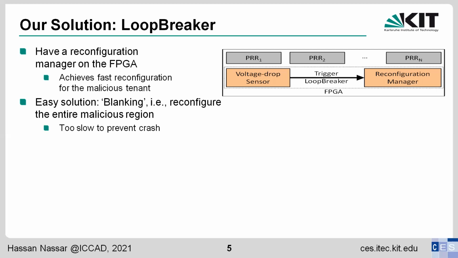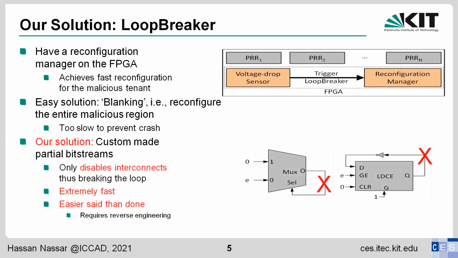However, that's too slow, as you will see in the results, and can't stop the crashes. For that, we needed our solution, which is a custom-made partial bitstream that only disables the interconnects. By this, it breaks the loop, as you can see from the figures, and it is extremely fast.